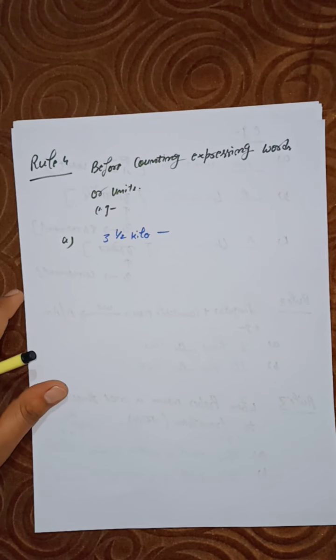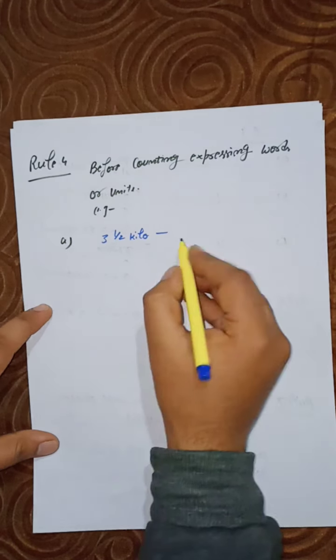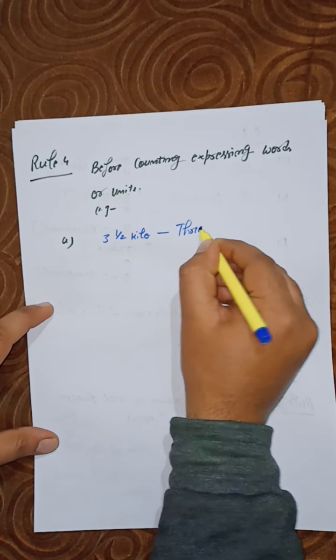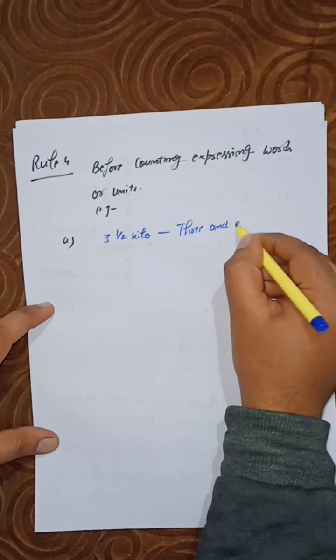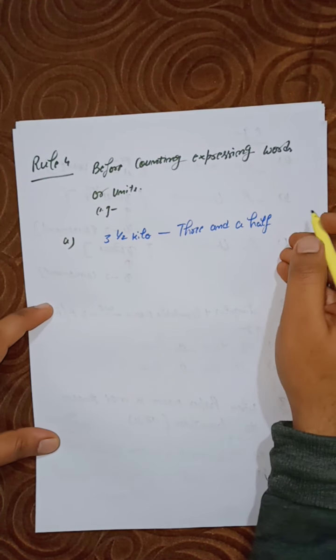How can we use an article in this? Three and a half, 3.5 kilo.